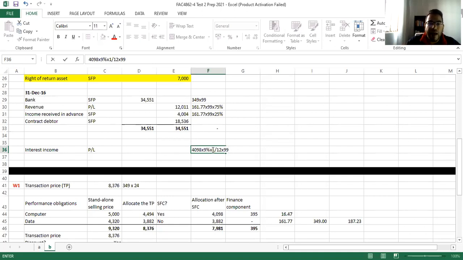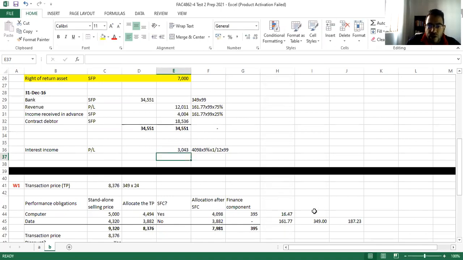So therefore we say 1 divided by 12. But at this point, this represents one computer. We have 99 computers. So therefore, we say multiply by 99. So it's equal to 4098 multiplied by 9% multiplied by 1 divided by 12 multiplied by 99.